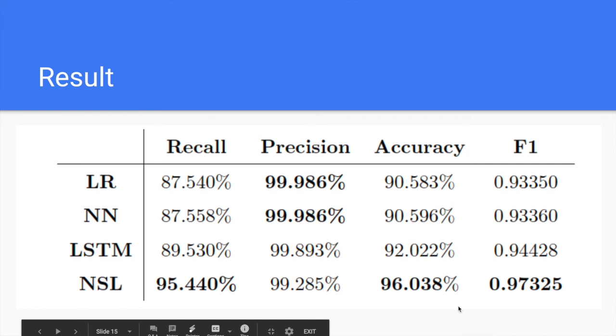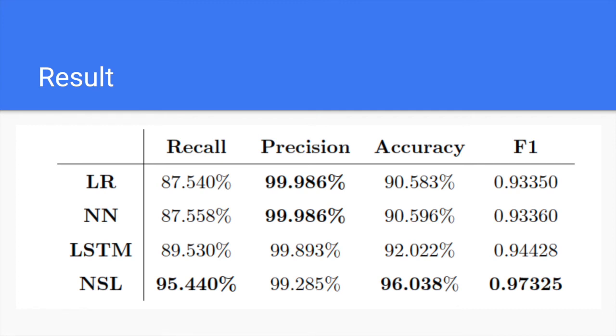As we can see right here, these are the results of our 4 different models. We use 4 different metrics to compare models: recall, precision, accuracy, and F1 score. You can see that the NSL model performed best in recall, accuracy, and F1 score. And also, the aggregated models, logistic regression and neural network, have a lower F1 score than the non-aggregated models, LSTM and NSL.